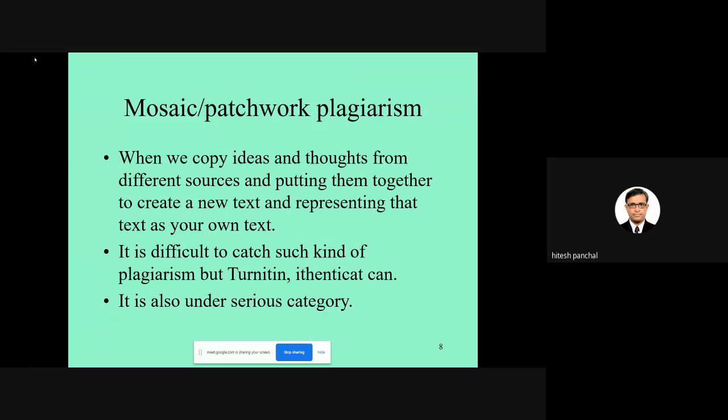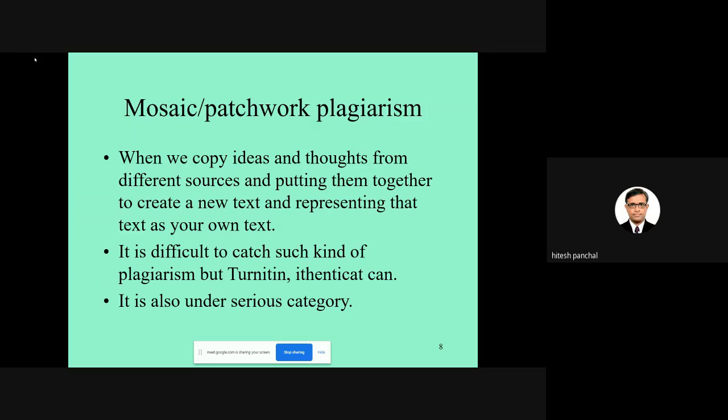But if you copy ideas and thoughts from different sources, club them together to form a new text, and say that it is your own text, that is called mosaic or patchwork plagiarism. Sometimes it is very difficult to catch this kind of plagiarism, but Turnitin and iThenticate are two software tools that can easily catch it.